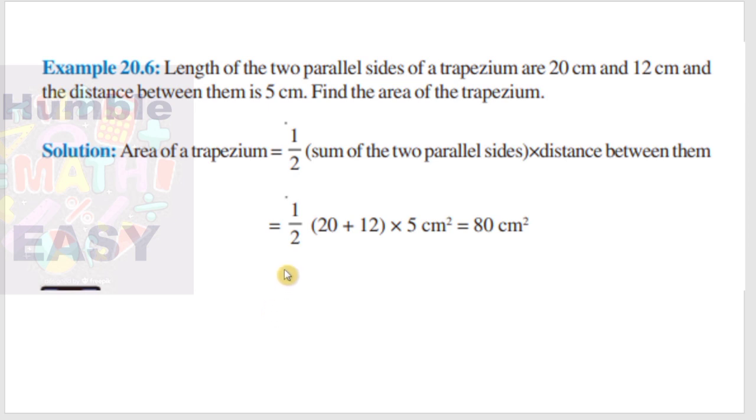So we have 1/2 times (20 plus 12) times 5. 20 plus 12 is 32, divided by 2 is 16, then 16 times 5 is 80. So the area of the trapezium is 80 square centimeters.